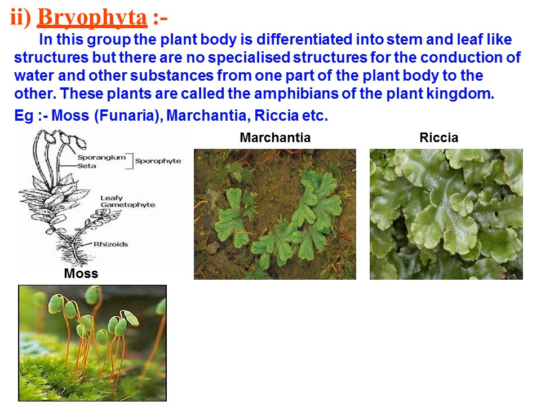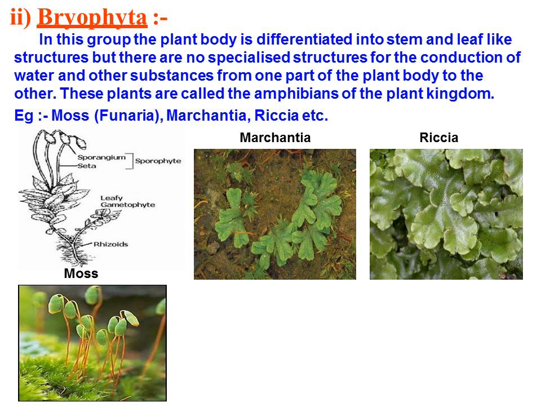These plants are called the amphibians of the plant kingdom. Why are they called amphibians? Because they mostly depend on water, but they also develop on land. Examples are moss, that is Funaria, Marchantia, Riccia.